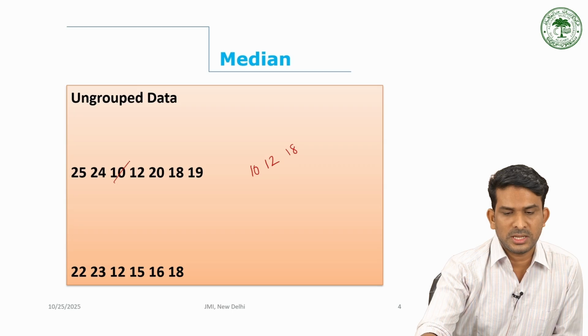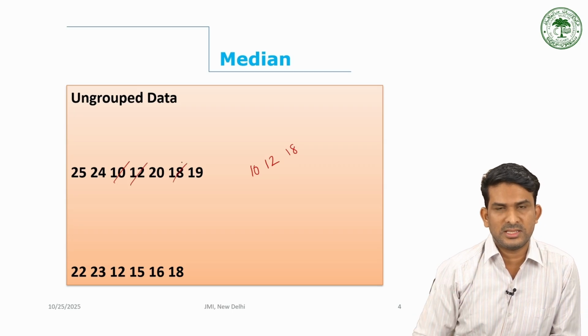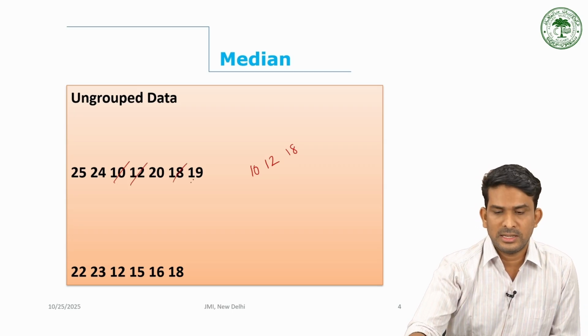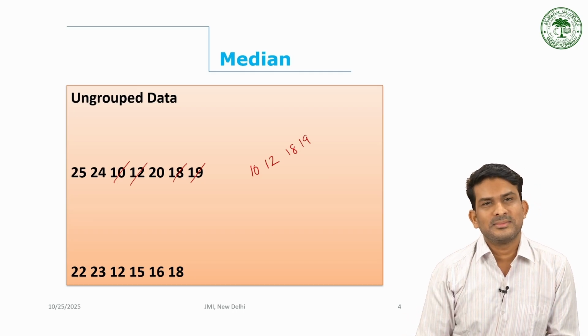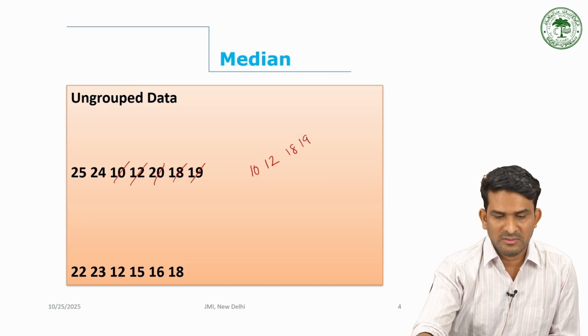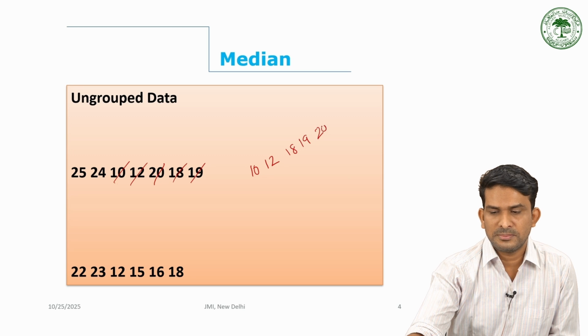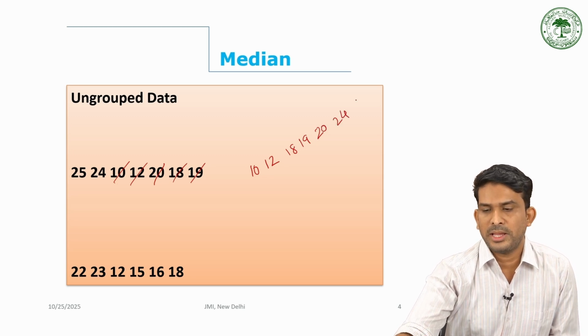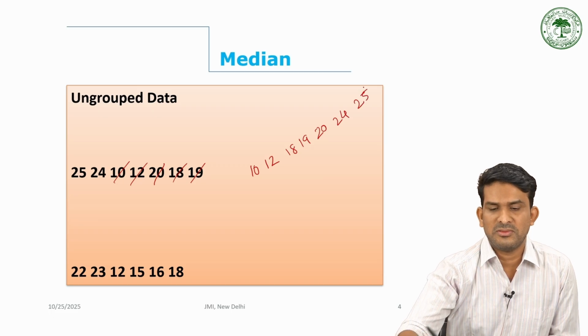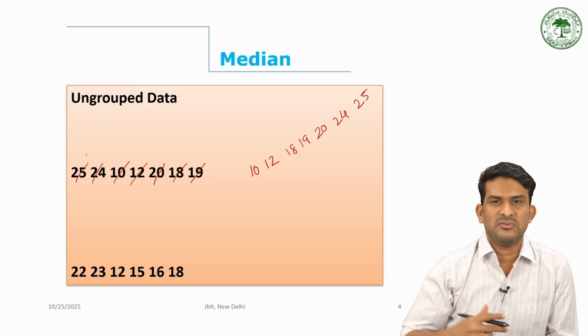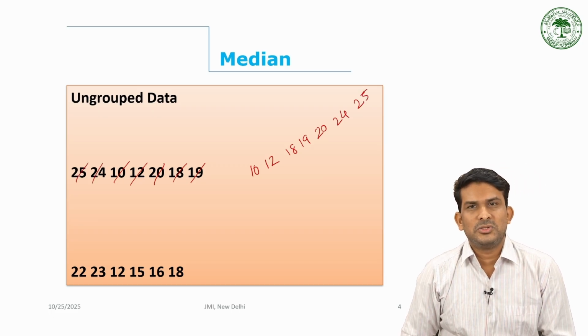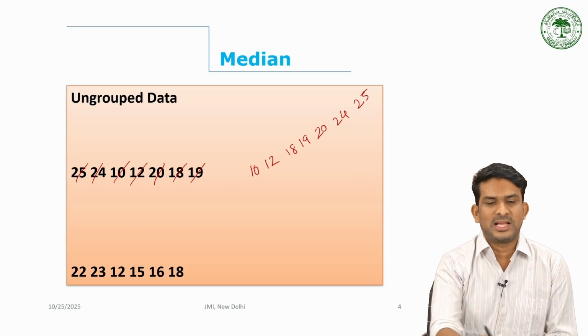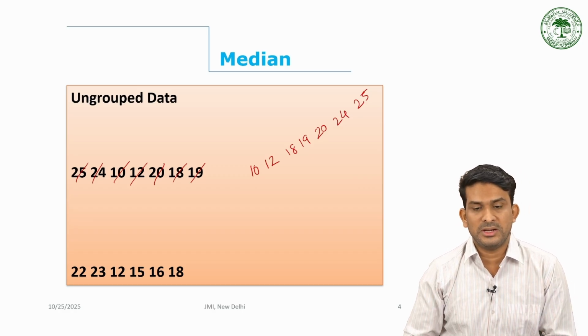What is the next lowest? 19. What is next? 20 we have. What is next? 24. And finally is 25. All the values we have entered. To get clarity, I've just cut off those values we have entered.